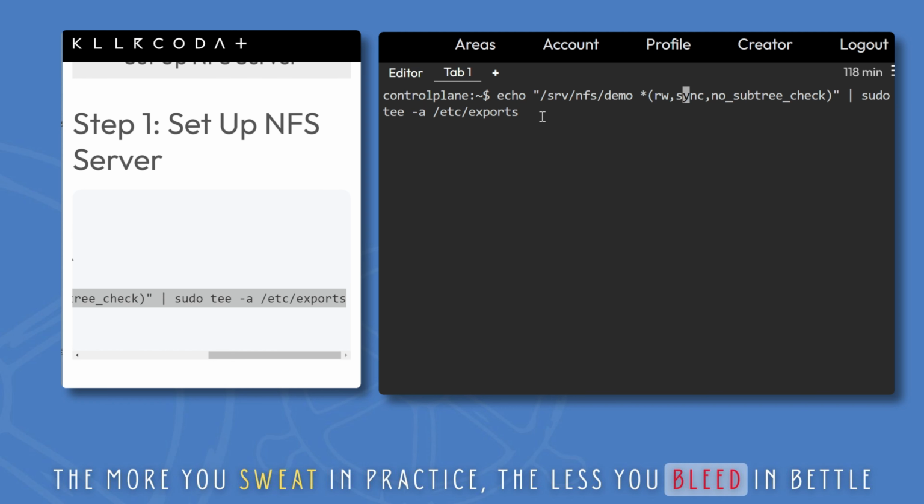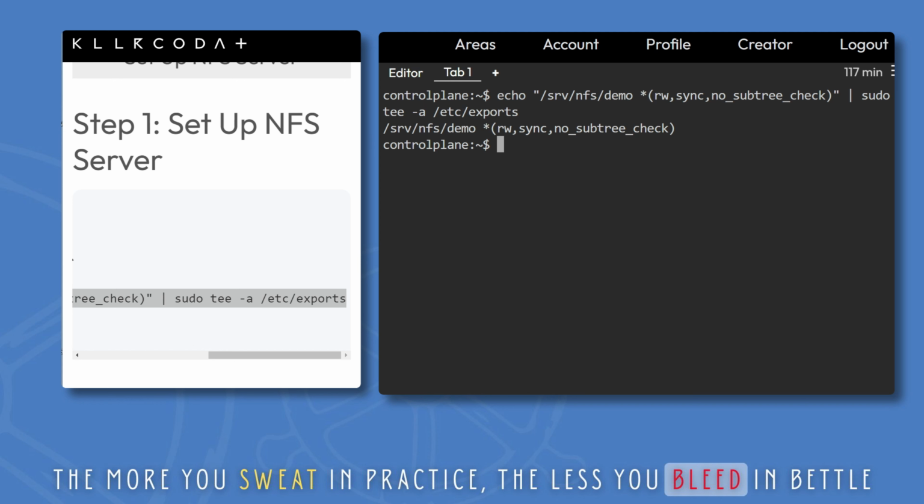Sync forces data to be written to the disk before the reply is sent. It is a little slower and safer. No_subtree_check avoids the extra check if only a part of the file system is exported. So this is sudo tee, which appends this line to /etc/exports with the proper permission. You can use normal redirection also, but okay.